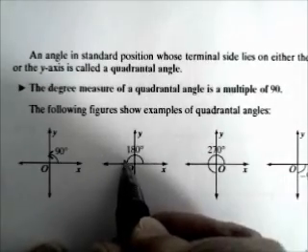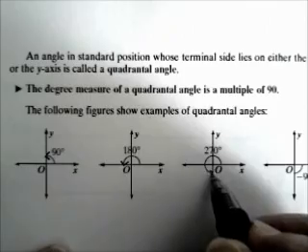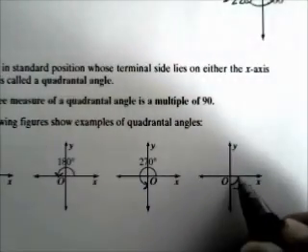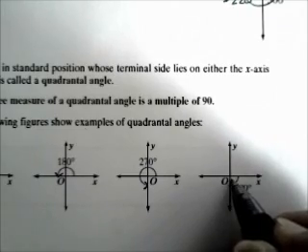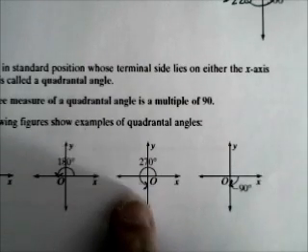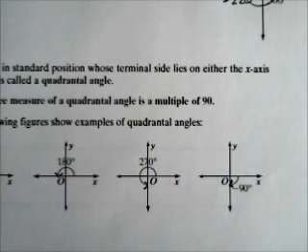Next, 180, 270, and negative 90 is also a quadrantal angle. I could keep going. If I take the 270, go 90 more, 360, another 90, 450. Any multiple of 90 would be a quadrantal angle.